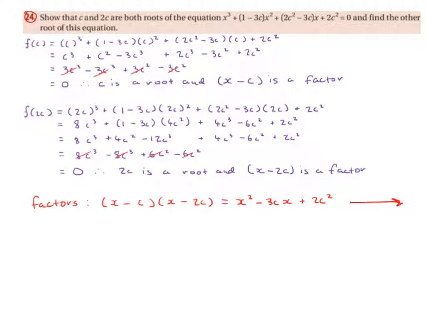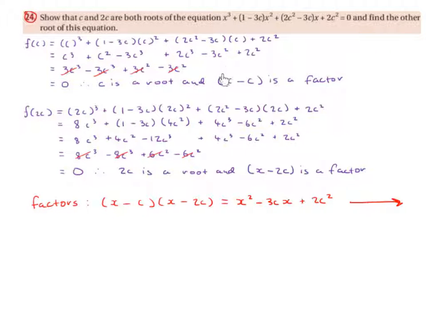And then we bring down the 4c squared and the 2c squared to give us 6c squared. And bring down the minus 6c squared. And then 8c cubed minus 8c cubed cancel. 6c squared minus 6c squared cancel. We're left with 0. Therefore 2c is a root, and therefore x minus 2c is a factor.